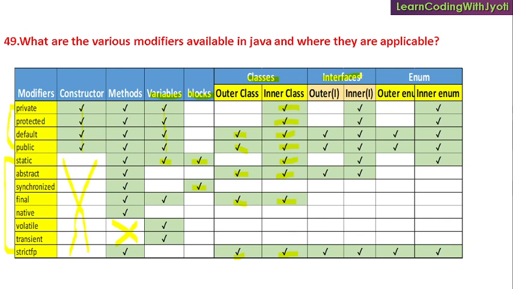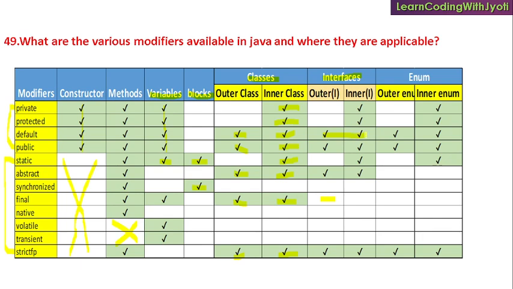Let's see the interfaces. Outer interface and outer class are kind of the same. For outer class 5 are applicable, but for outer interface 4 are applicable. For interface, final is not applicable. Similarly, whatever modifiers are applicable for outer interface, these are applicable for inner interface.